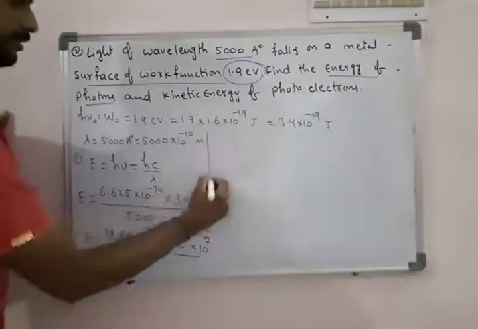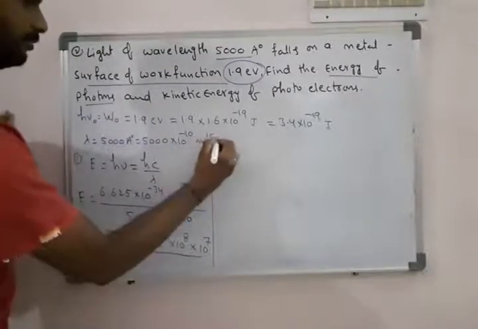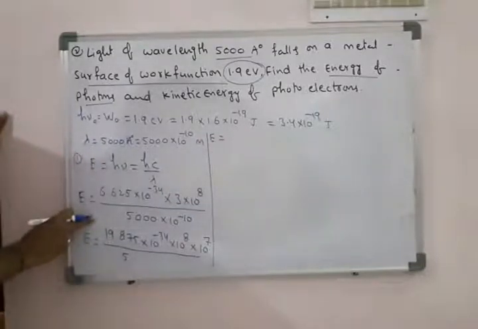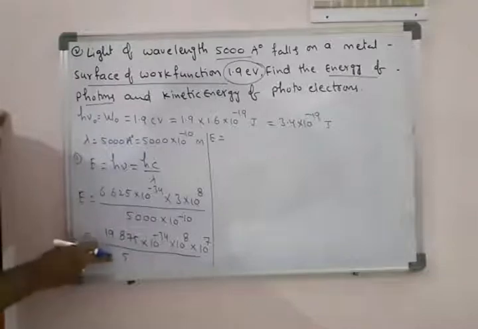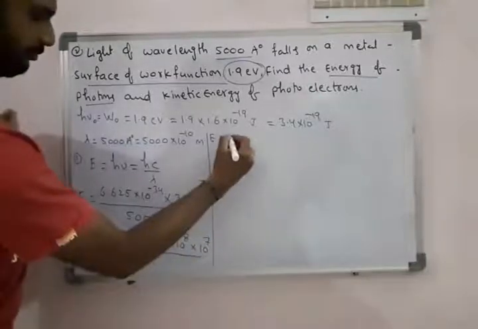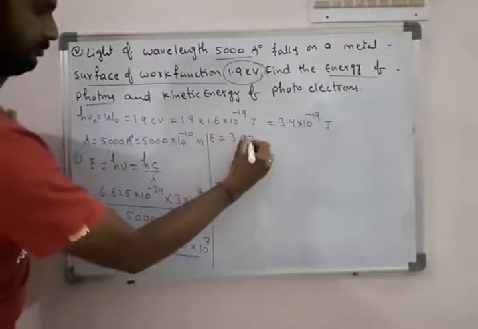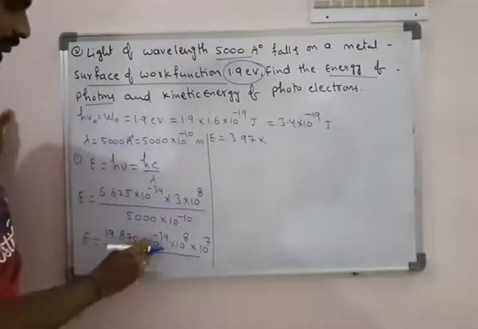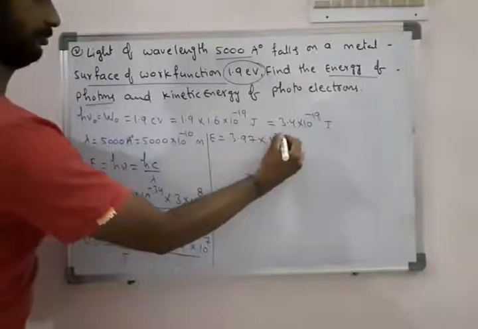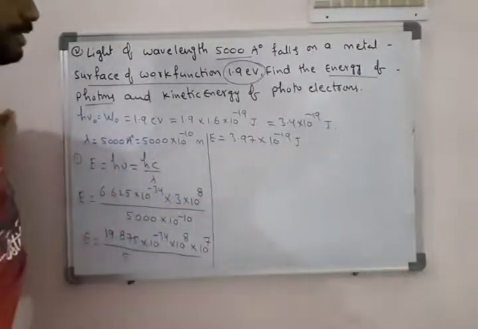Finally, we get approximately 4 point something, so we may write 3.97 here, into 10 to the power of minus 19 joules.